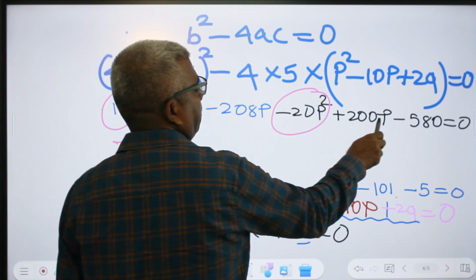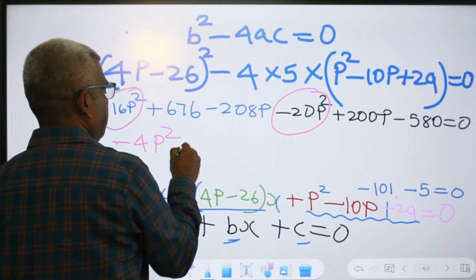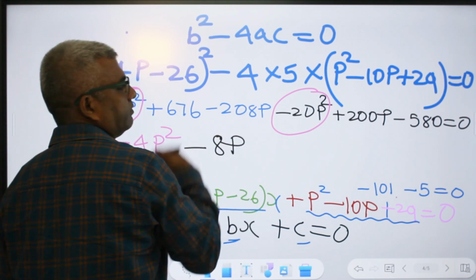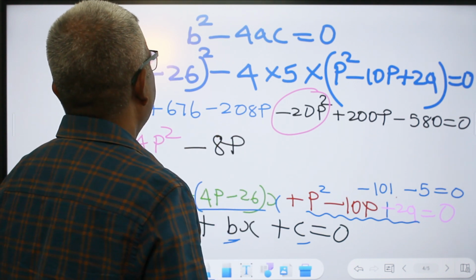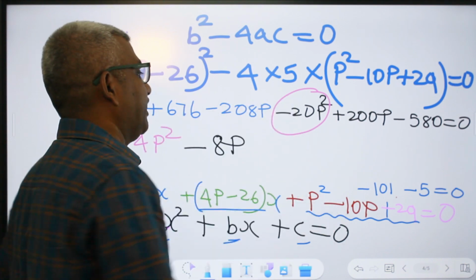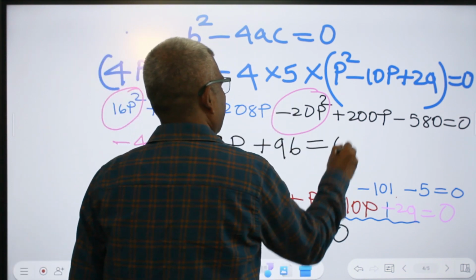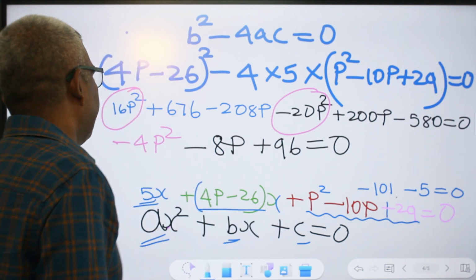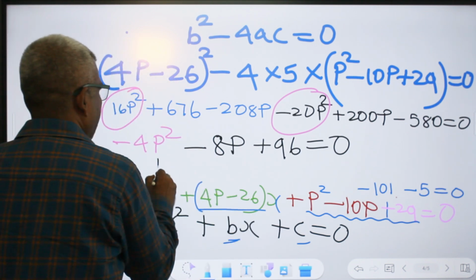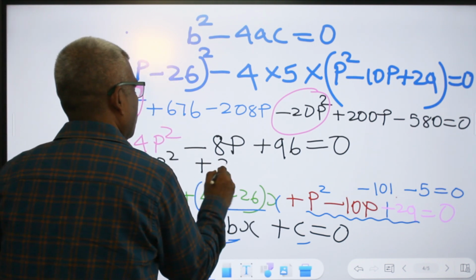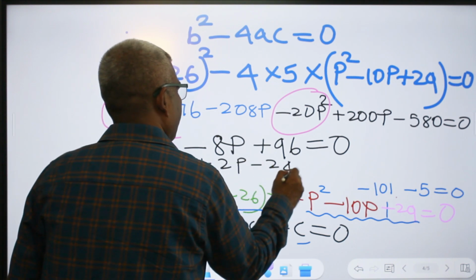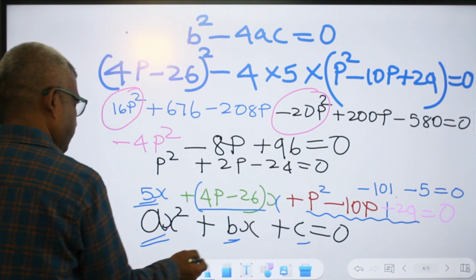Minus 208p plus 200p, minus 8p. 676 minus 580 plus 96 is equal to 0. Divide by minus 4. p squared plus 2p minus 24 is equal to 0.